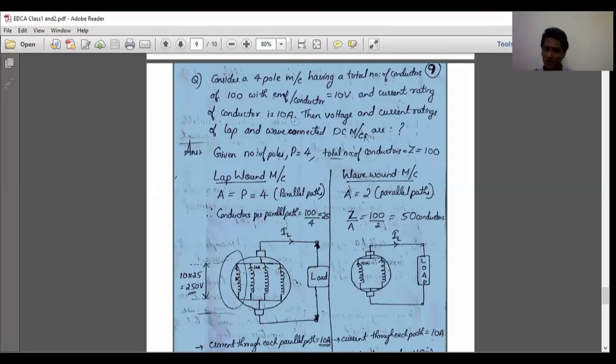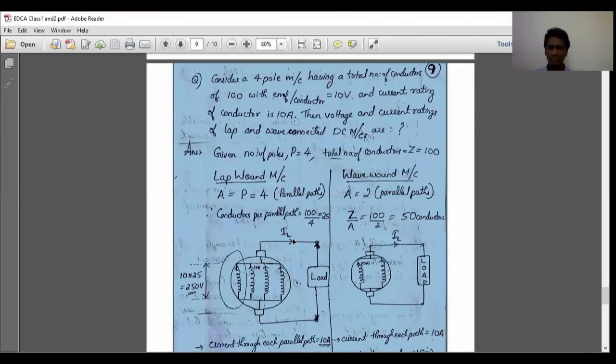So plus 10 plus 10 plus 10 plus 10 minus IL equal to 0. That is what KCL says: the algebraic sum of currents at a junction is 0, where current leaving is taken as negative and current entering is taken as positive. So here IL will be equal to 10 plus 10 plus 10 plus 10, which is 40 ampere.